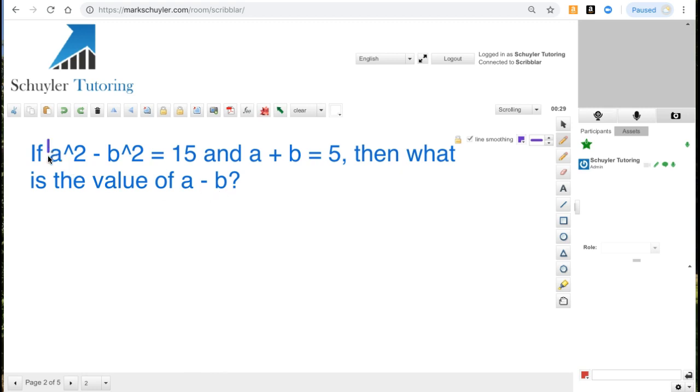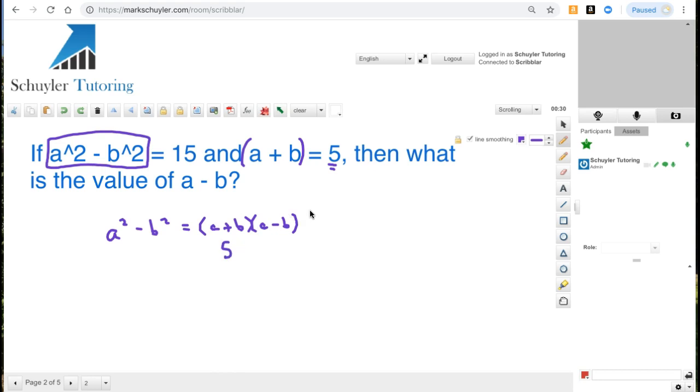Well, again, the important thing is to recognize this and instantly factor it. So I'm going to do that down here. I know that a squared minus b squared equals the quantity a plus b times the quantity a minus b, but this is what I'm also catching. I'm catching the opportunity to substitute in the number 5 for a plus b down here.